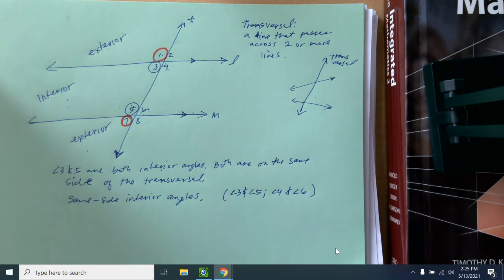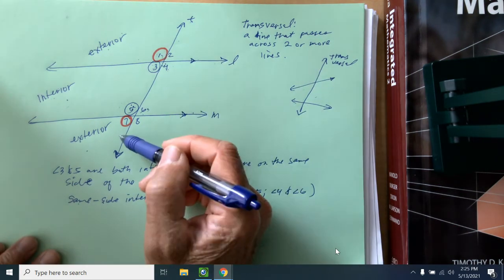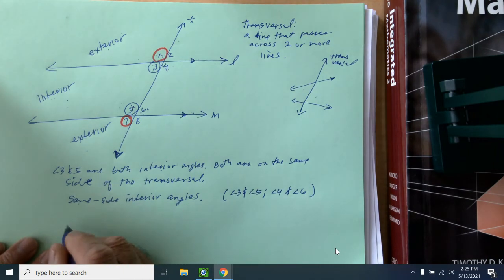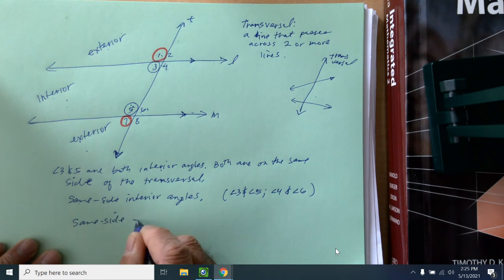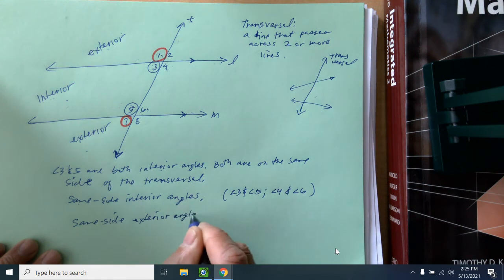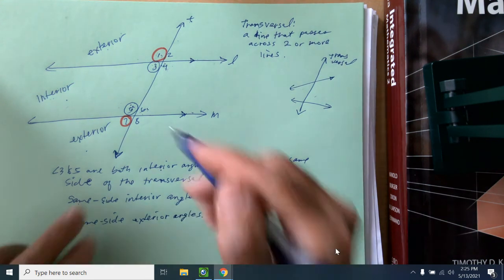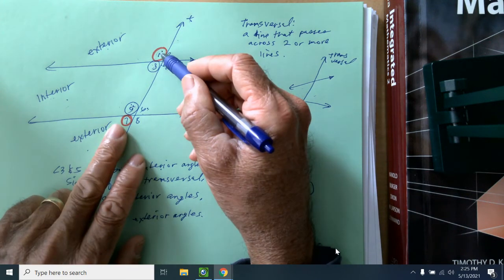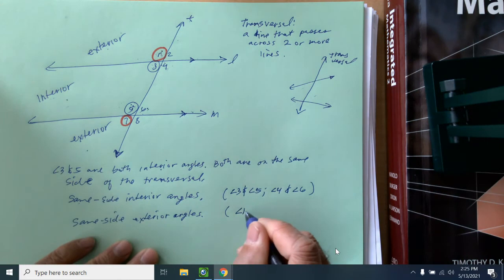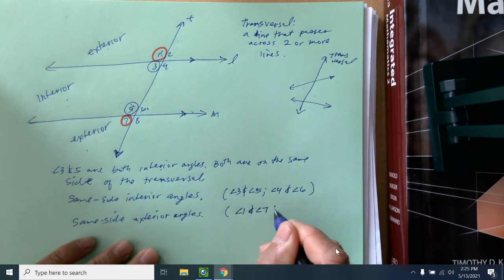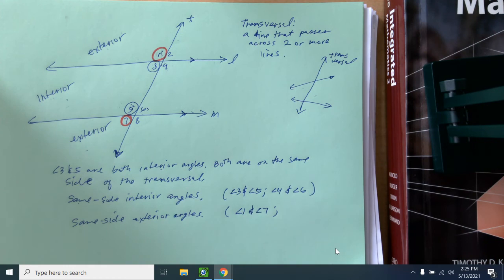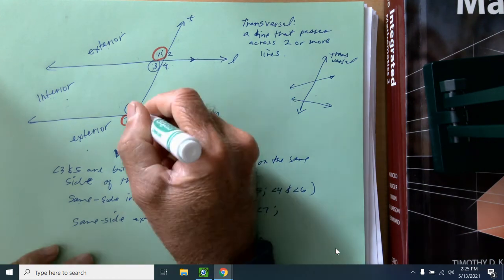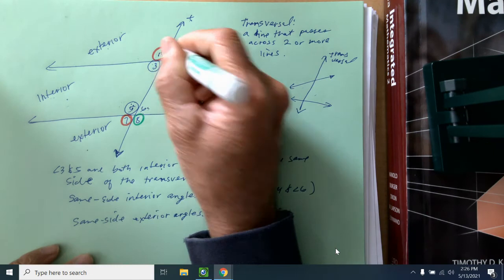Okay, so using the same exact reasoning, we're going to say same side exterior angles. Okay, which ones are those? 1 and 7. So they're both on the same side of the transversal, and they're both exterior. So angle 1 and angle 7. And then also, if we go to the other side, it's going to be 8 and 2.